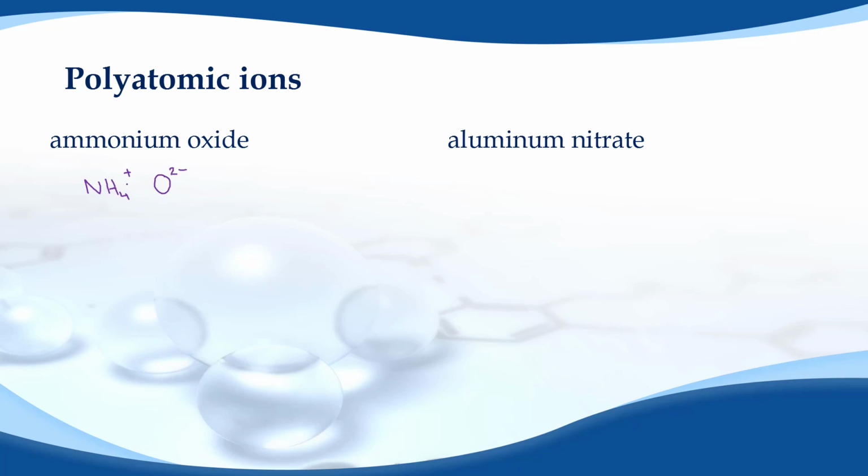I take away the plus and the minus, so now I have NH4 with a 1 above it, then I have O with a 2 above that. Drop and swap the 1 and the 2, and now we're going to have NH4, 2, but notice that the NH4 now has to go in parentheses. I'm putting a 2 next to the NH4 group, so it goes in parentheses. Again, the reason why we want to do this, if I don't put in the parentheses, I have NH42, which I don't think is right.